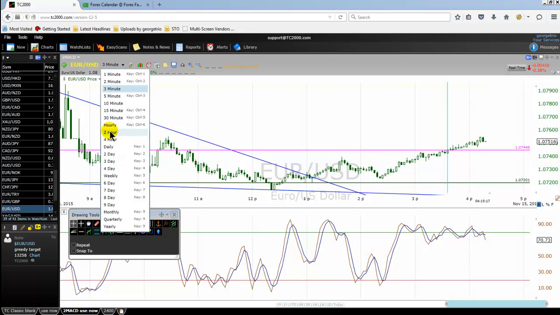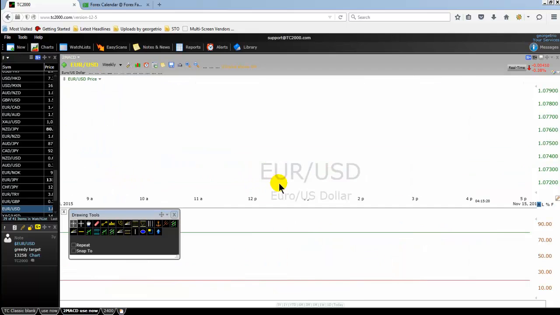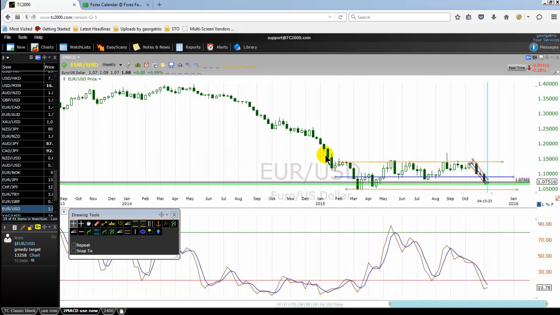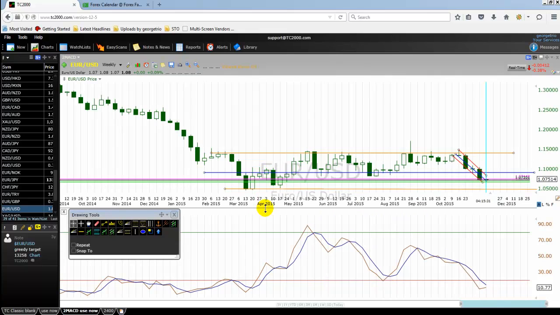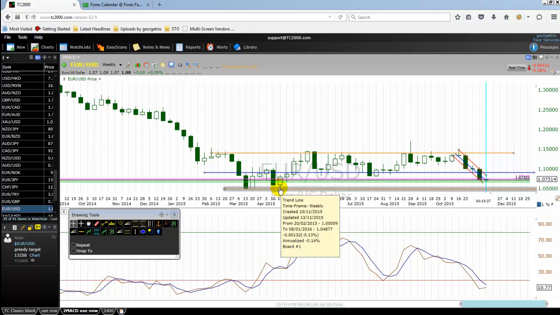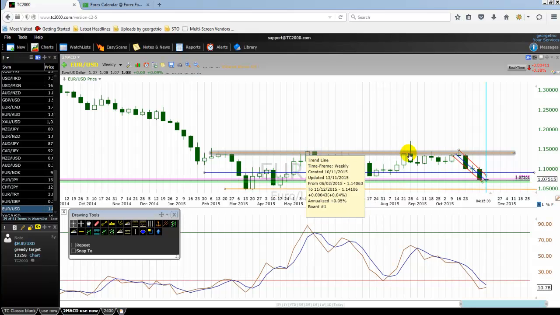On the weekly chart, the current market pattern is a balanced market pattern. The price is consolidating. If the price is consolidating, the price can go up and also go down. So we can buy at the lower part of the channel and we can look for opportunity to sell here.